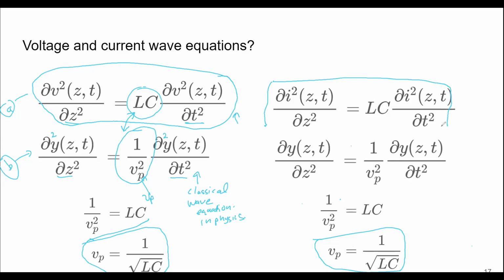We can consider the similarity and derive the wave velocity as 1 over square root LC using these equations also. That proves that the wave velocity equation is correct. So in both cases, we got the same answer, so we consider that the correct expression is obtained for the wave velocity, right?